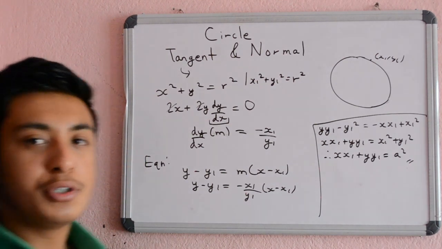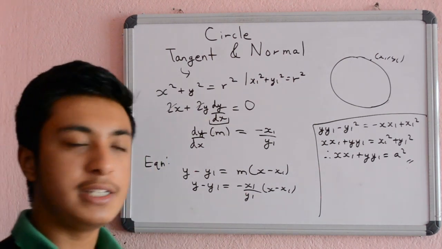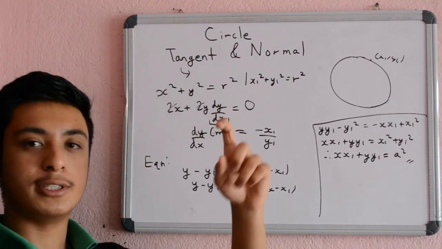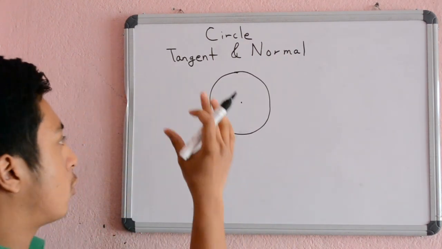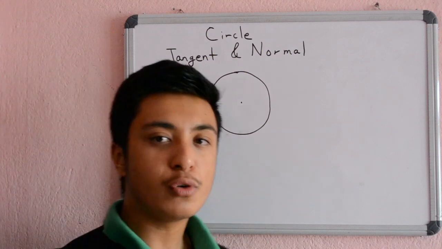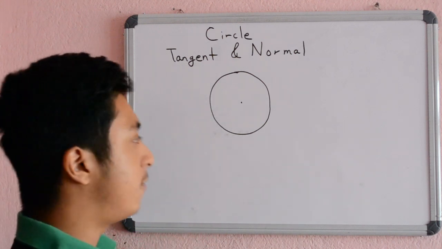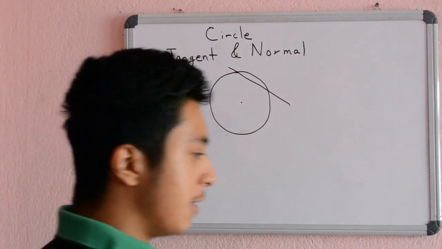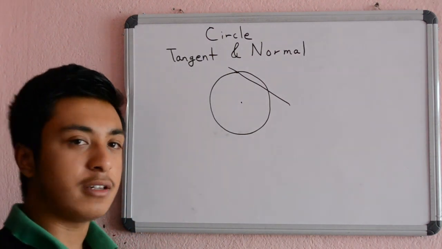Now I'll show you how to do it kind of geometrically, which involves a little bit of calculus. So let's get on to it. Let's say you have a circle over here, and before you find the tangent, let's find the secant first, a line passing through 2 points. Here you can use a little bit of calculus.